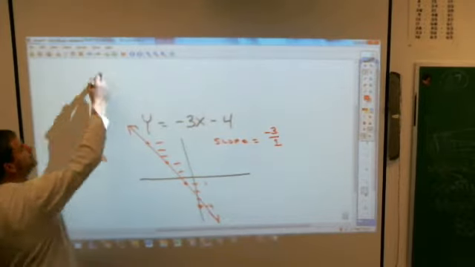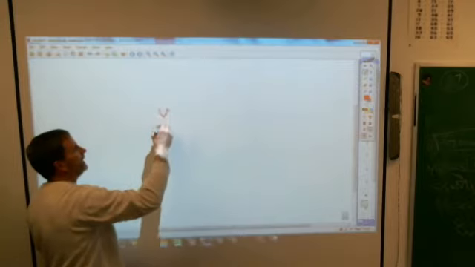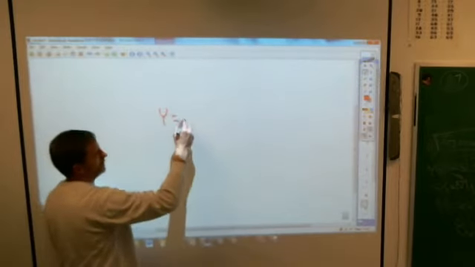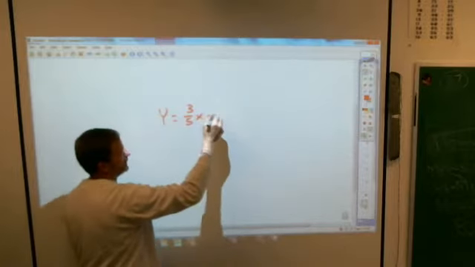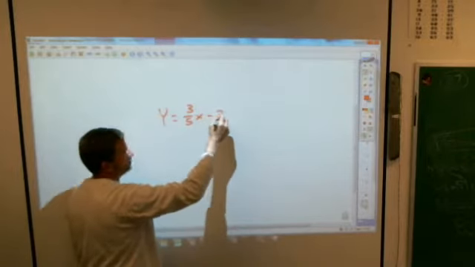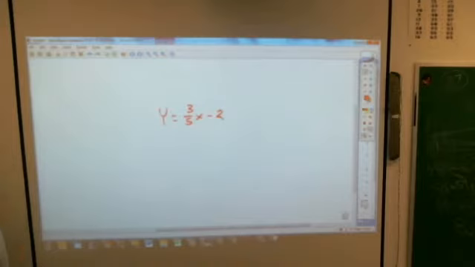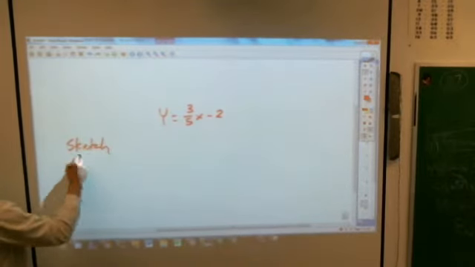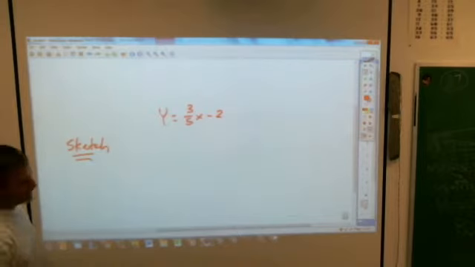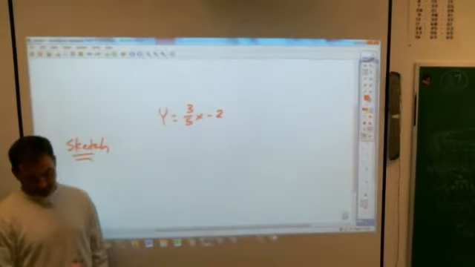Let's do another one. How about y equals 3/5 x minus 2. I'll let you sketch that. Especially on your homework paper, you do have squares, and I expect you to use those squares.